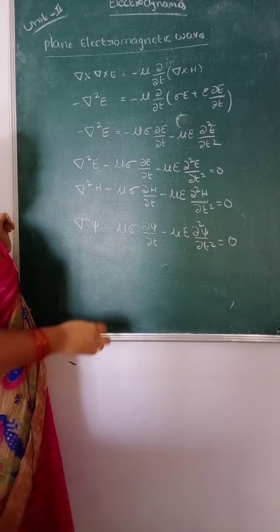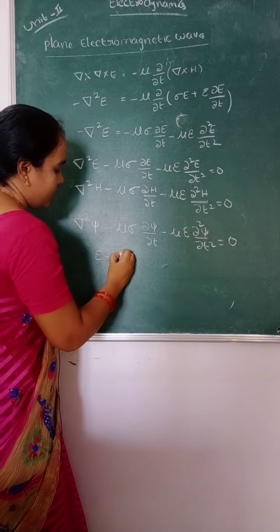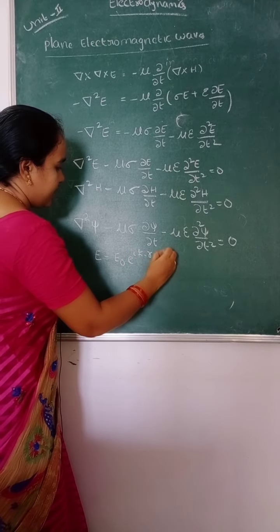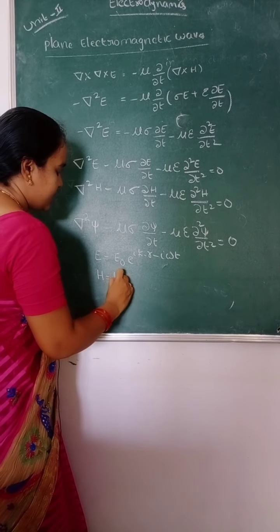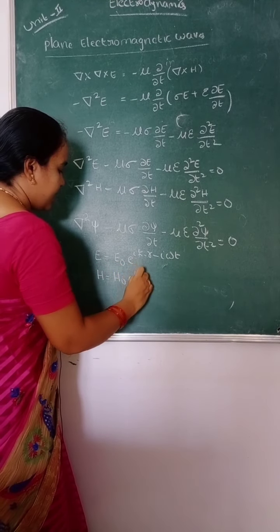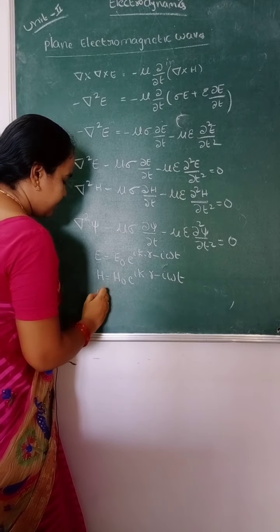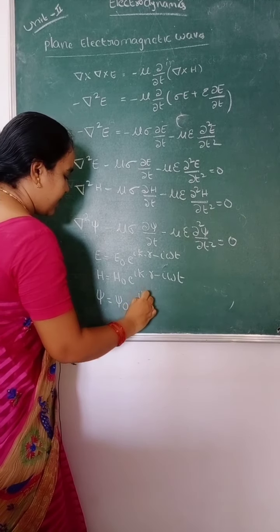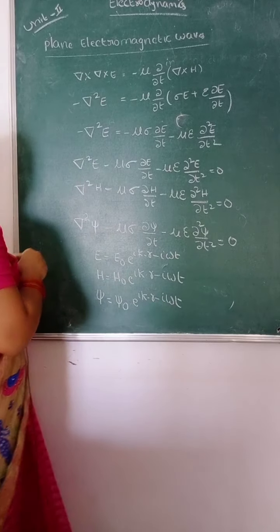Let us consider the solutions for the above equations: E is equal to E naught e power I k dot r minus I omega t. H is equal to H naught e power I k dot r minus I omega t. Similarly, psi is equal to psi naught e power I k dot r minus I omega t.